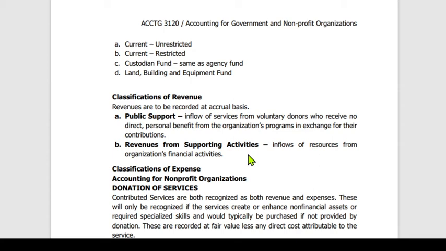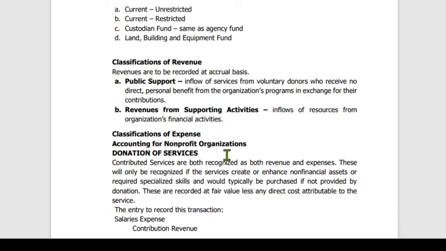So, kapag mga donations, it flows to under the public support classification. While when it is earned out of the revenues on the financial activities of the organization itself, it is classified under revenues from supporting activities on its own operations.